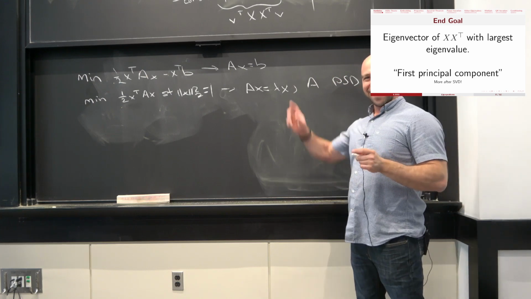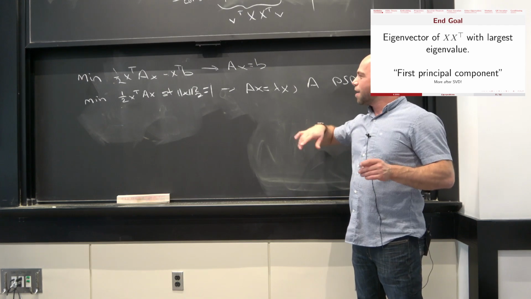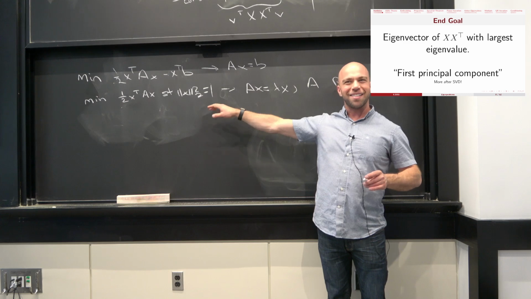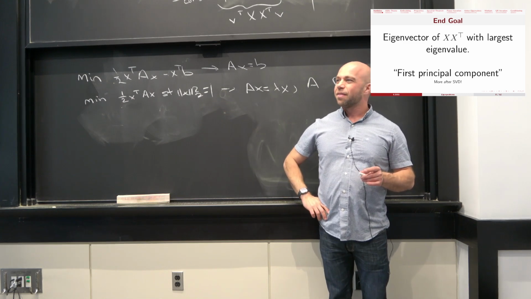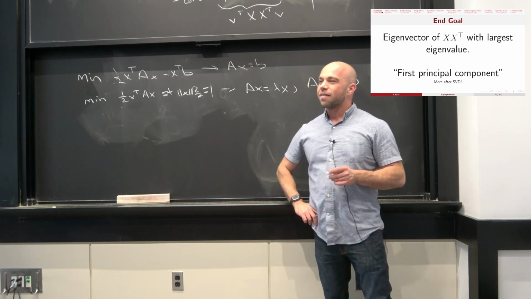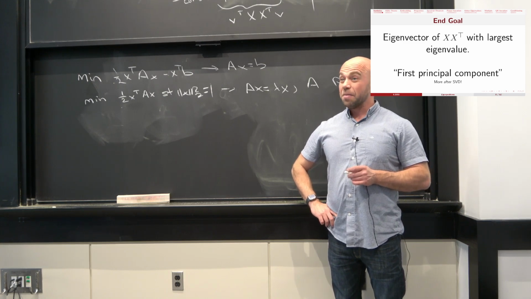Notice that we needed that in this argument, or else this last little piece that we did doesn't work. If A is not positive semi-definite, then this is still an eigenvector, but it may not be the smallest. It's the one with smallest absolute value. Is every matrix semi-definite?